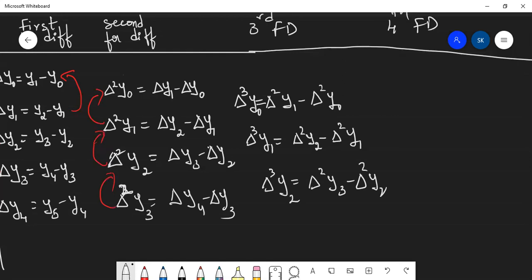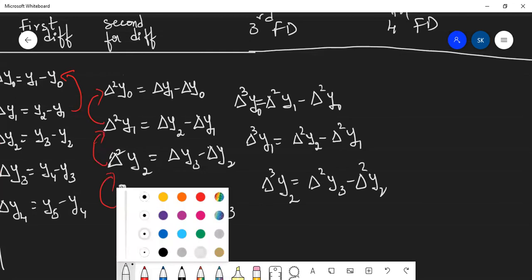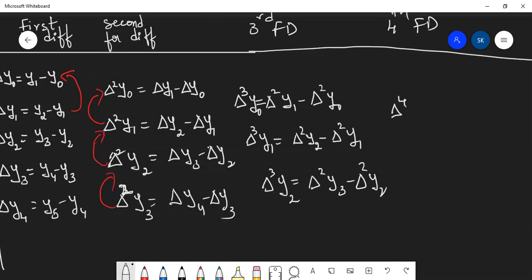You can go for the fourth difference, delta power 4 y. You subtract delta cube y1 minus delta cube y0, down one minus above one.